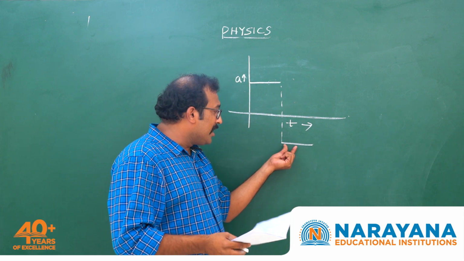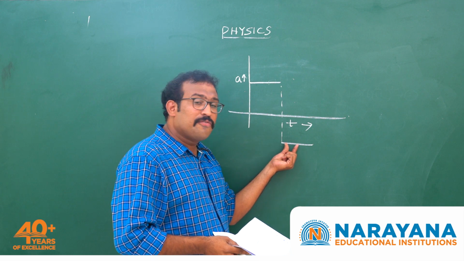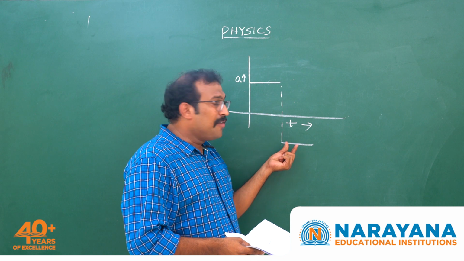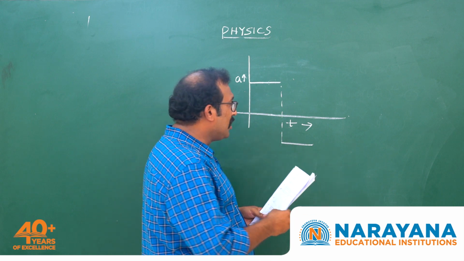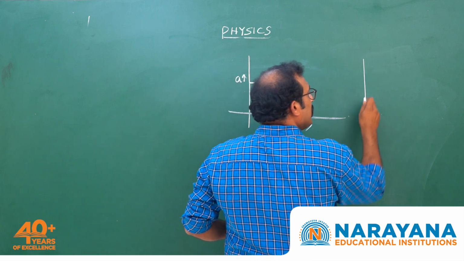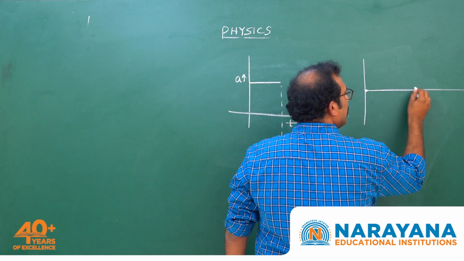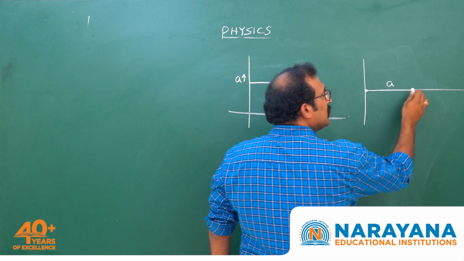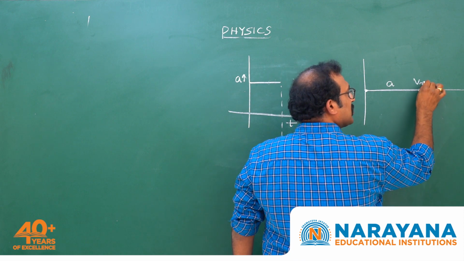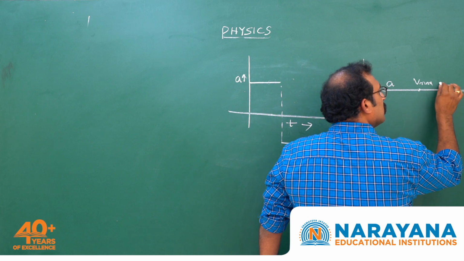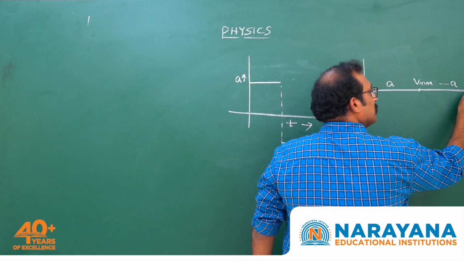The acceleration is negative because the direction of force acting on the body is in the opposite direction after obtaining a maximum speed. So now the body is traveling along a straight line, first accelerates for some time, then attains a maximum speed, and then decelerates coming to rest.